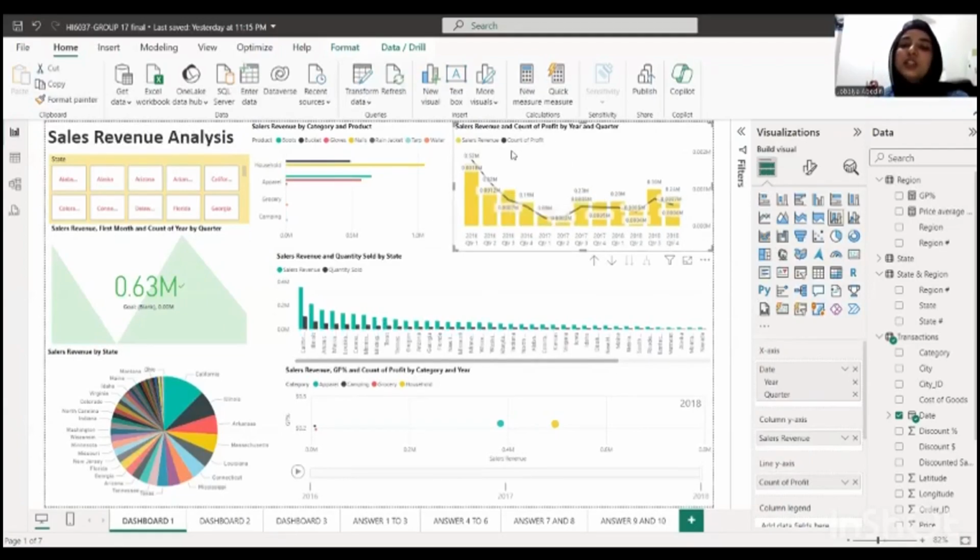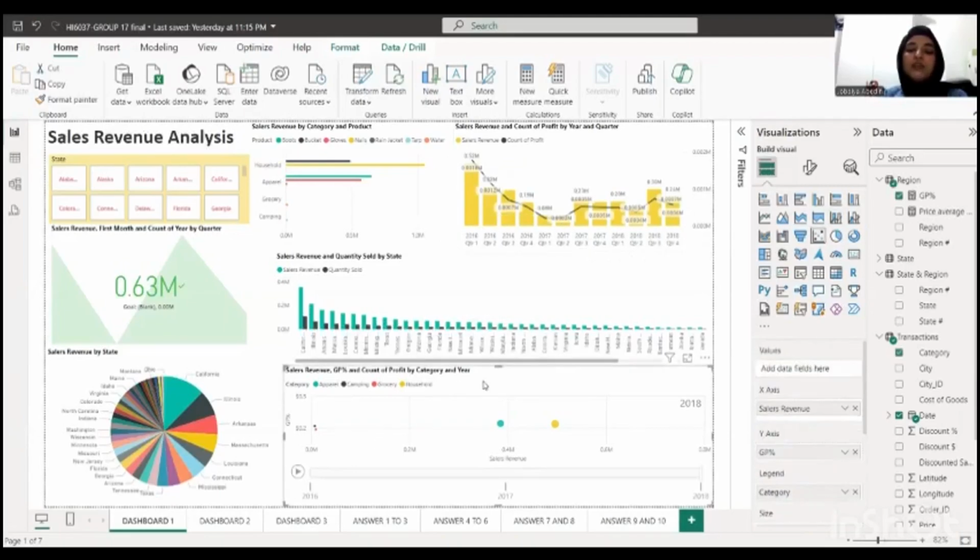In this visualization, we can say in 2016 first quarter, it was the highest profit, and the least profit was in 2017 second quarter.